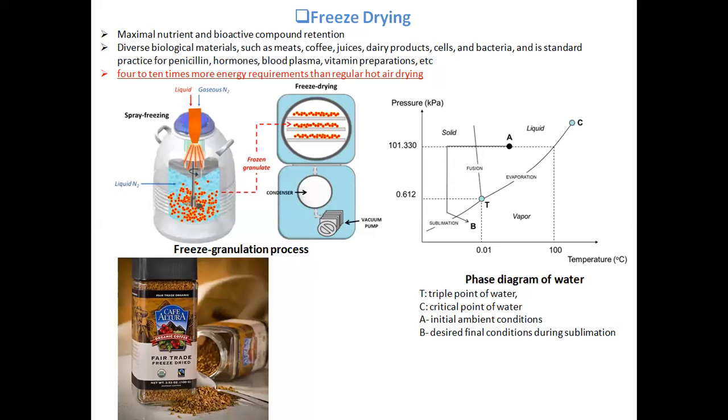This freeze drying is very important and widely used for some special materials like meats, coffee, juice, dairy products, cells, and some bacteria, as well as for penicillin, hormones, and blood plasma storage, clear? But the disadvantage of this method is that it requires 4 to 10 times more energy than regular drying, clear?